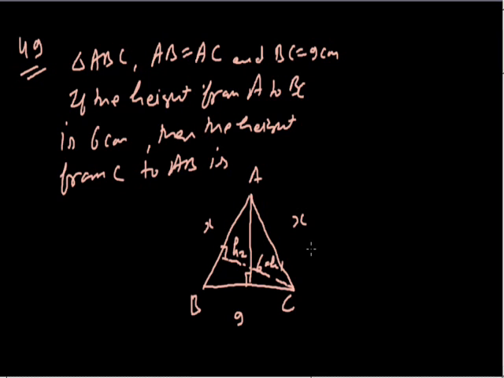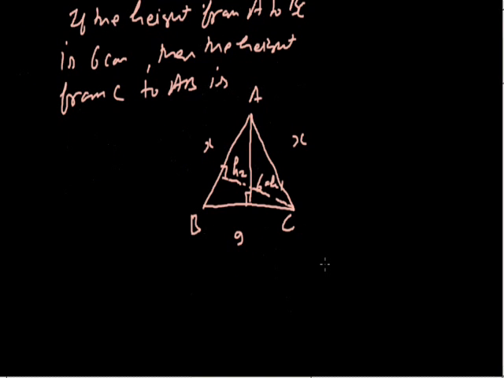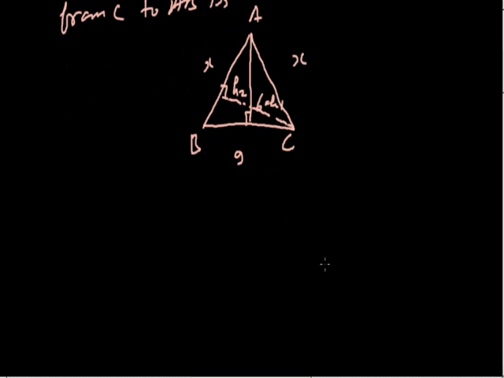Okay, now as we know that the area of triangle ABC is equal to half base into height. Let the base be BC and the height be H1. Half BC into H1.